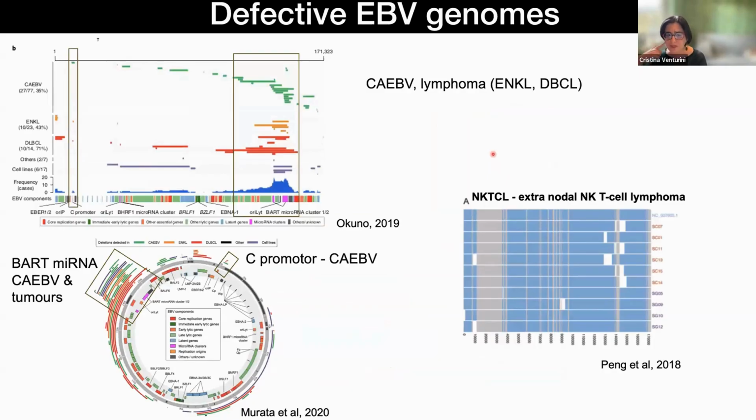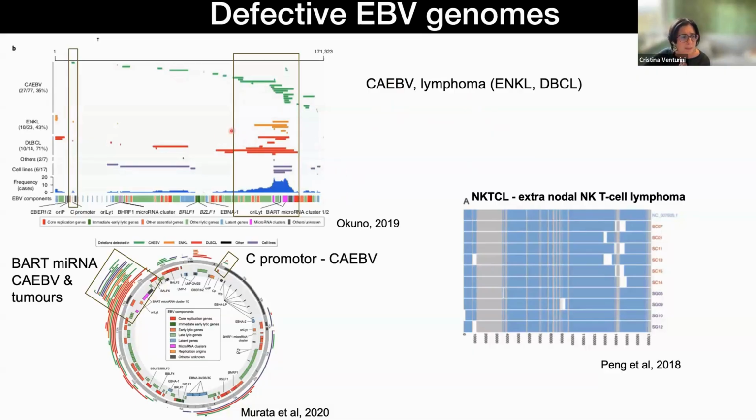What I just wanted to point out here is that when we did these studies, at a similar time, there were a few other groups, mostly from Japan, from Murata, and a Chinese group, that conducted similar studies looking at different EBV-related diseases, like chronic active EBV and other types of lymphoma. And what they found is exactly similar deletions compared to ours.